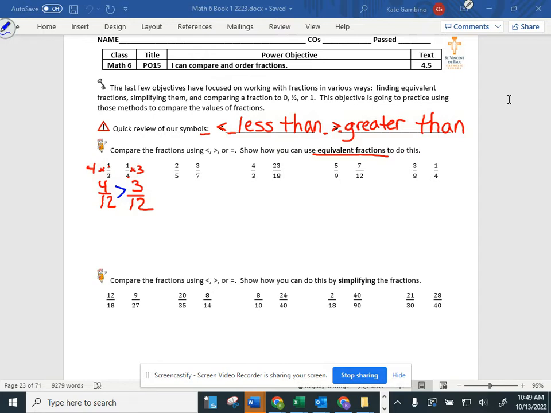It happens all the time, friends. Remember to write down what your scale factor is so you do the correct multiplication. Any questions on how to do the equivalent fractions? Your answer is going to be both fractions with the correct symbol in between them.